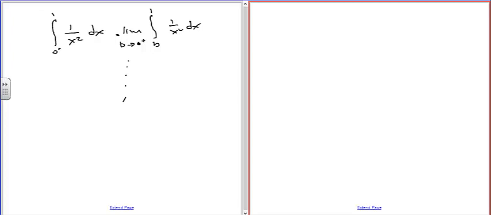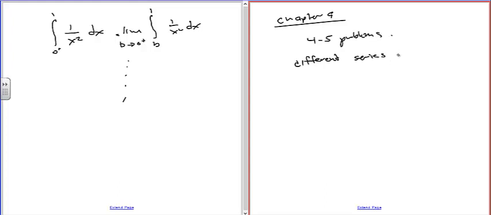Okay, so that's chapter 8. Now, chapter 9. What I'm going to do there is give you 4 or 5 problems that are different series using different tests.